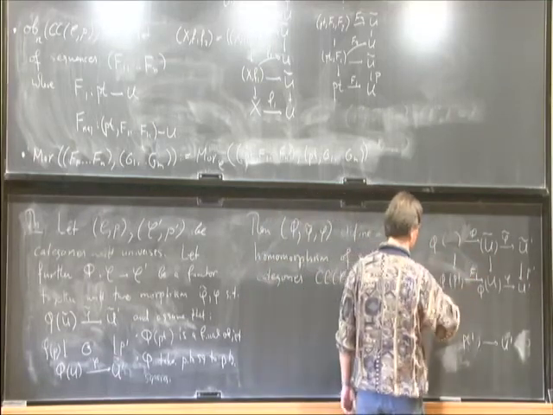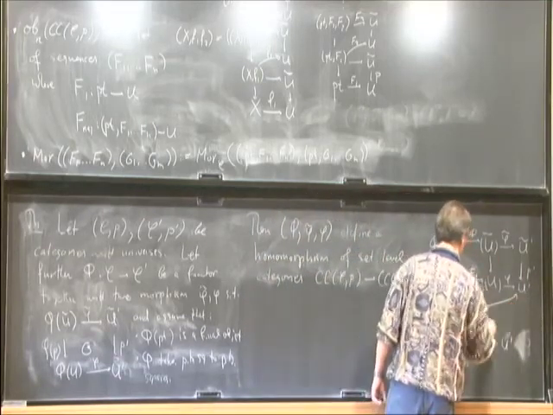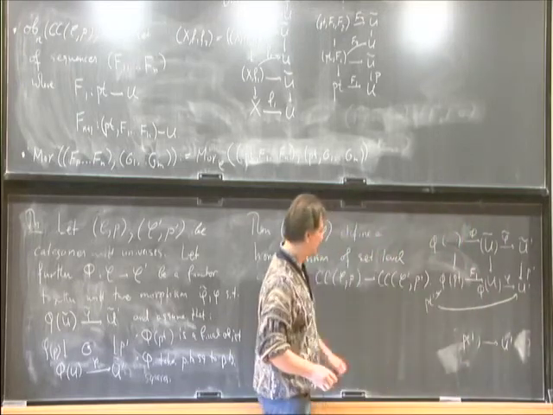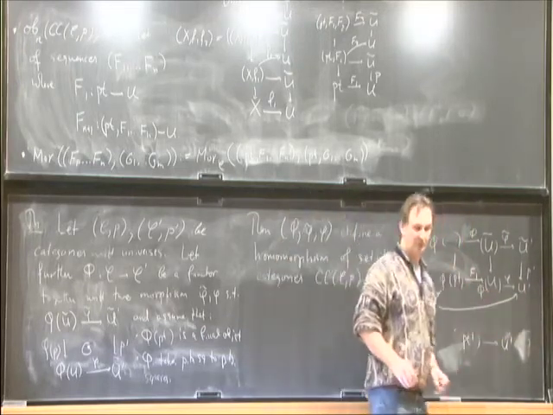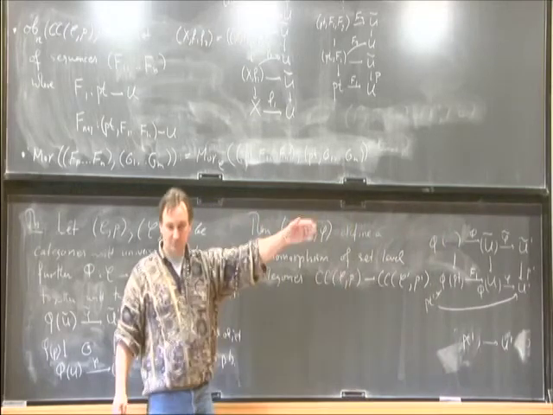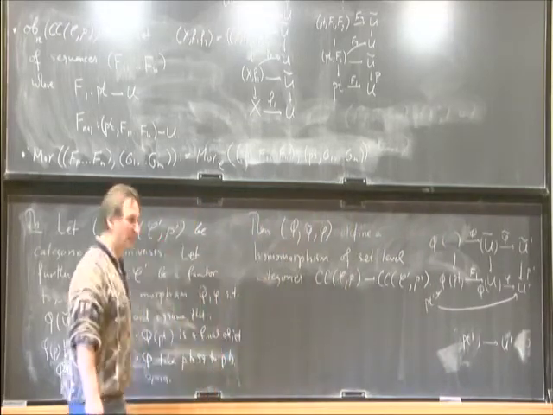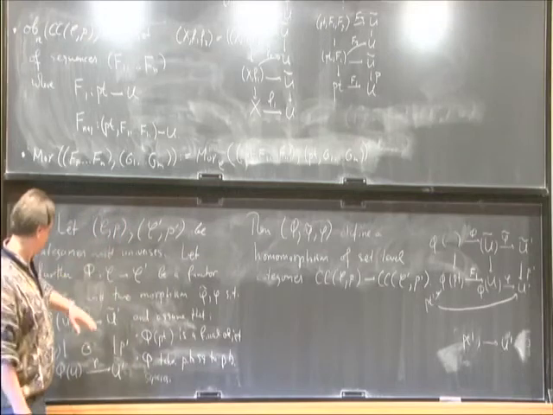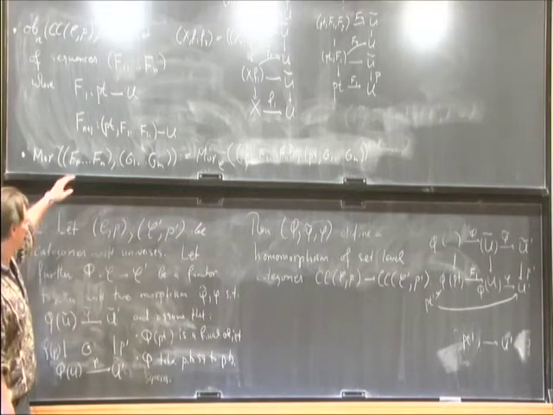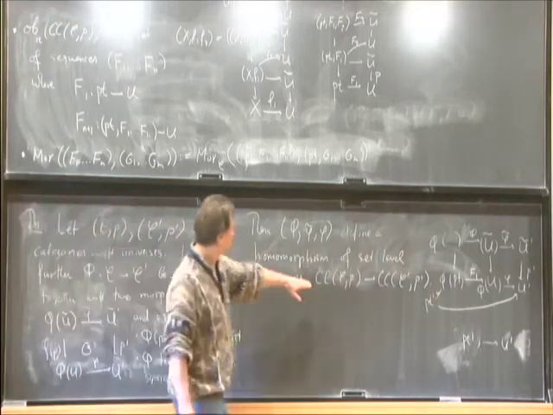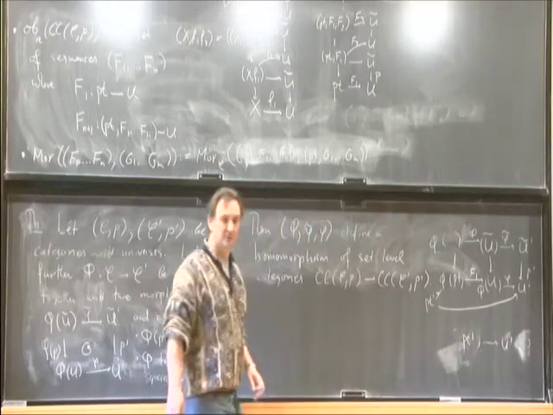So as a result, I get a map from the final object in the target category to u prime. So that inductively defines a mapping from objects of this set level category to objects of this set level category.